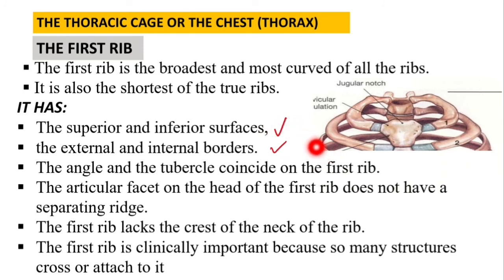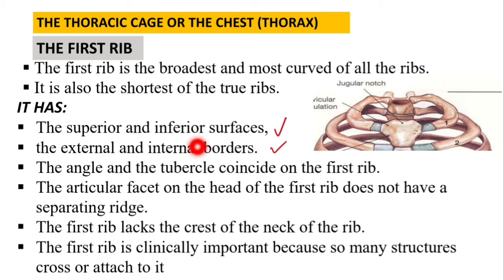This rib is the third one. You can see on top it's a margin, the superior margin, and inferiorly you see the inferior margin. But if you look at the first one, on top is a flat surface, and then an internal border and an external border.